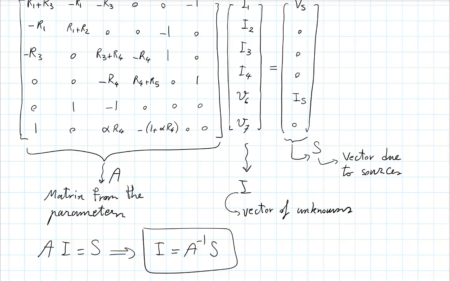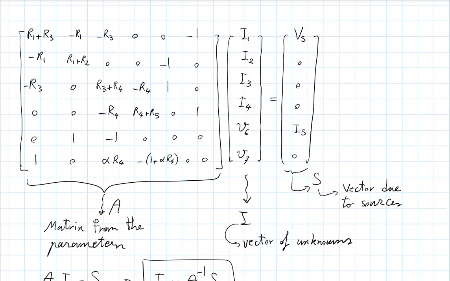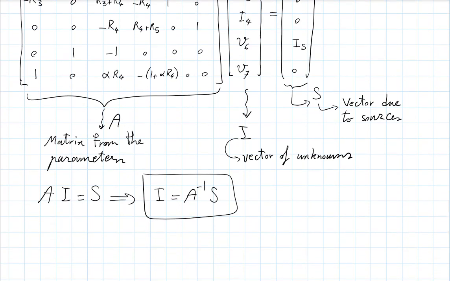But this is it. So if you were to program this into a computer, all you had to do was to figure out how to write this matrix, and then ask the computer to calculate the inverse matrix. And then that's a simple multiplication of that by the vector that originated from the sources in the problem. And then it will give you the vector of unknowns.